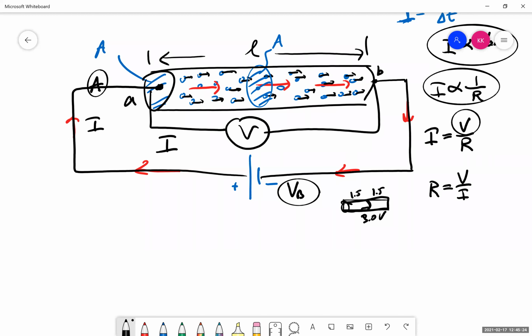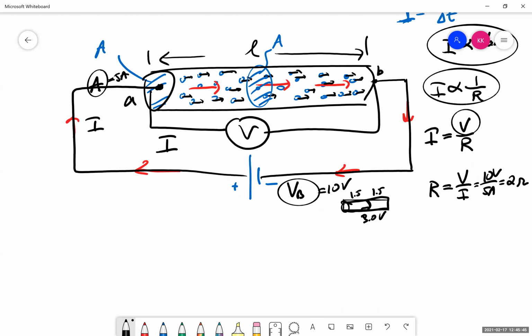For example, let's say the voltmeter measures 10 volts and the ammeter measures 5 amps. I'm just making up those numbers. So 10 volts over 5 amps gives 2, and the units are ohms.